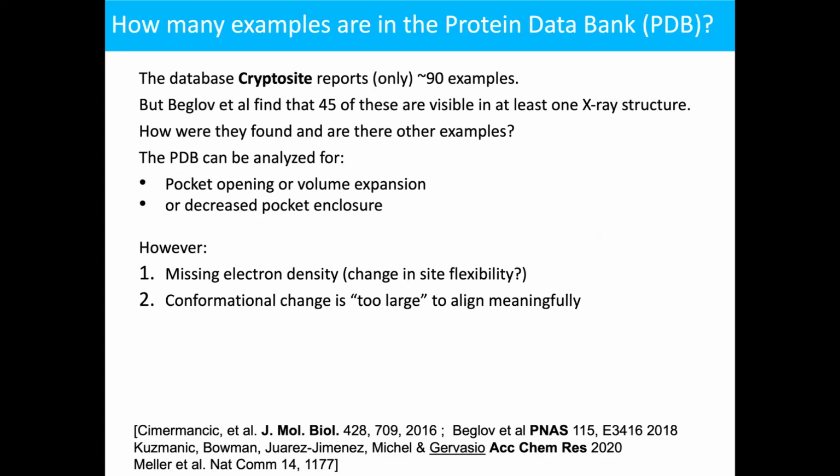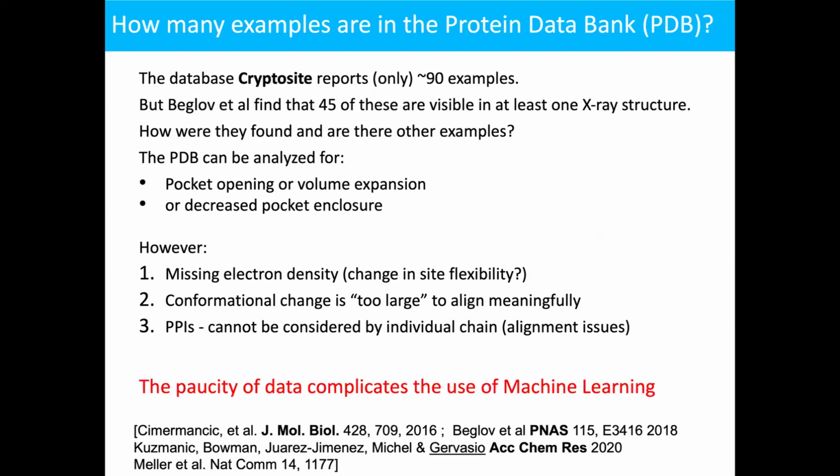Then there are some conformational changes that are too large. So if you try to align the protein in the apo and the holo states, this alignment is error prone. Then you have many cases of protein-protein interaction, and these are particularly interesting, but you have to consider each individual chain for the alignment, and you will have alignment issues.